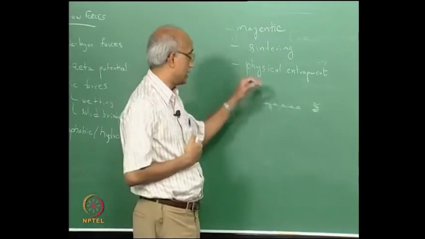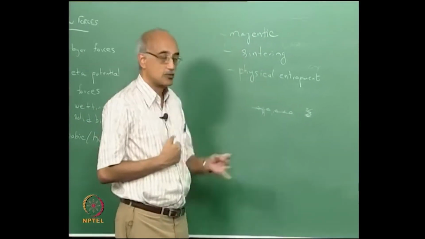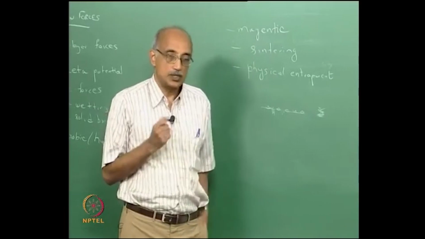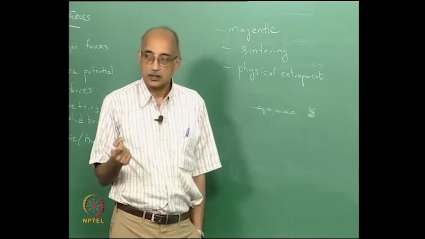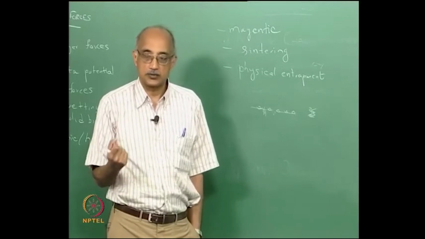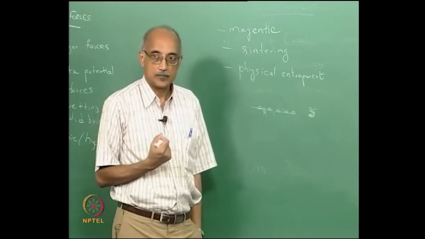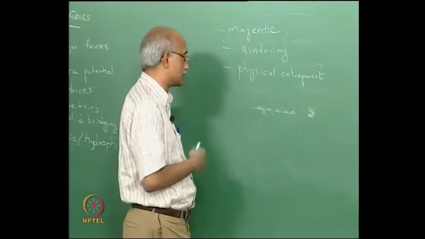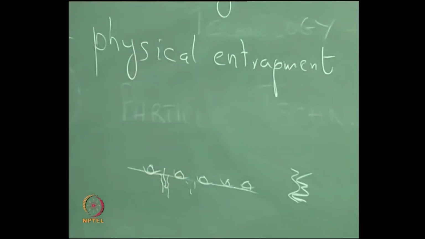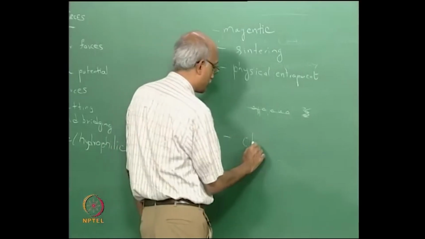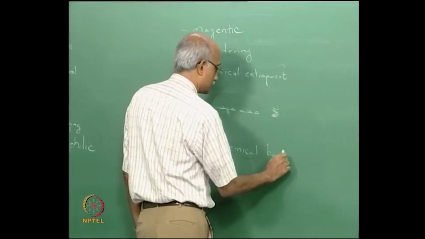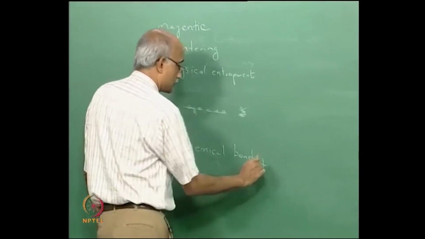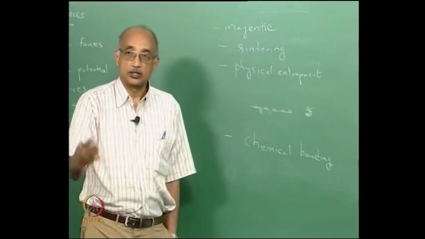So, these are examples of forces that are somewhat unique to the application, but which provide adhesion forces that are far in excess of the forces that would apply otherwise in the absence of these fields. Now, compared to all this, the final force that we are going to talk about, chemical bonding, can be orders of magnitude higher.